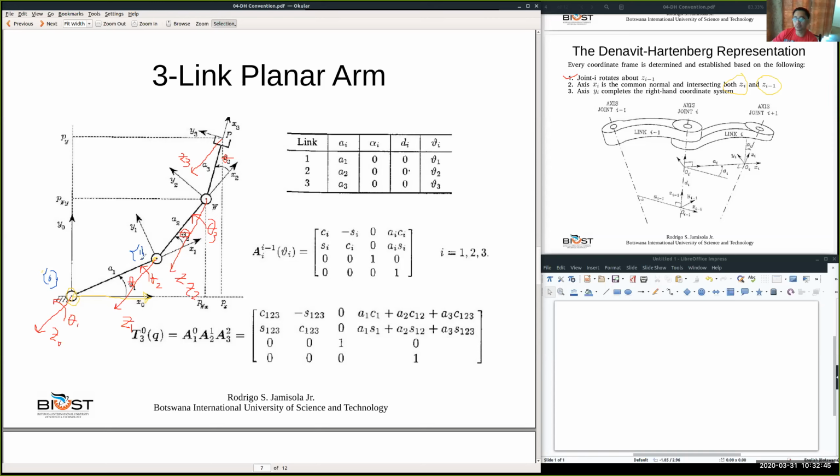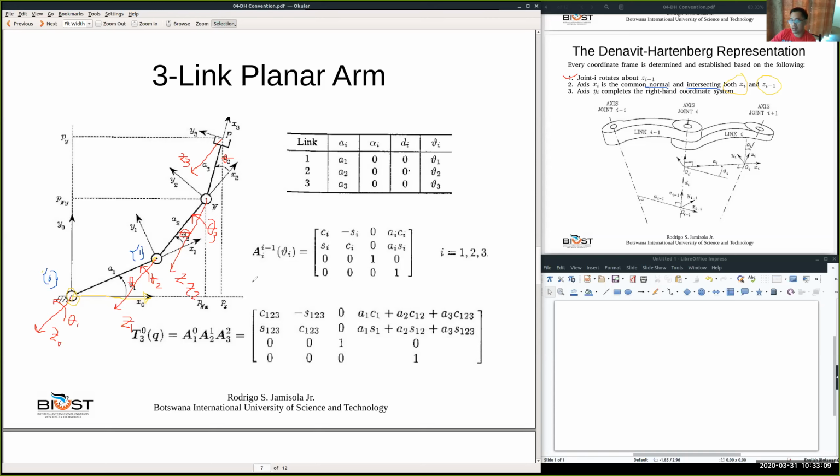We already know where Z1 is. We need to know where X1 is. We say that X1 is a common normal and intersecting. Let's go back to frame 0.